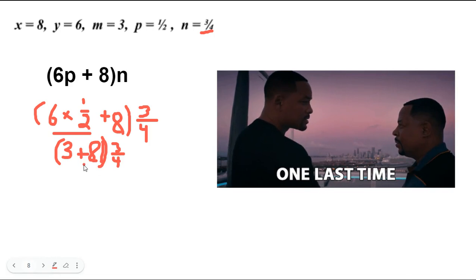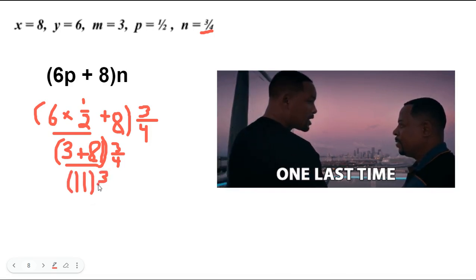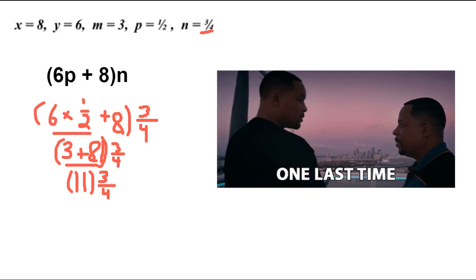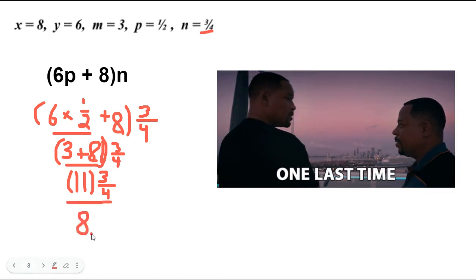So 3 plus 8, 9, 10, 11. So now I have 11 times 3/4. And then my final answer should be 8.25 or 8 1/4, if we want to be fancy with it.